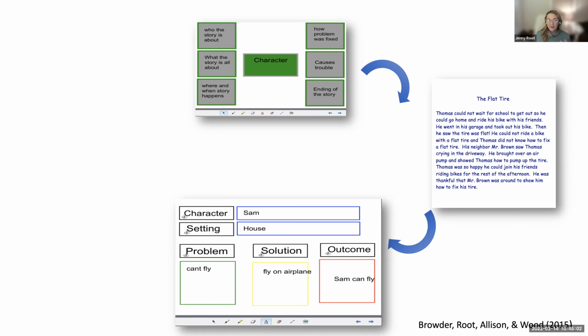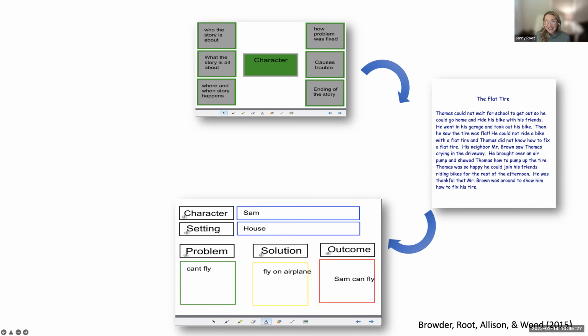And then as the first level prompt, they could press this little button and it will remind them the character is who the story is about. So instead of the interventionist or the teacher having to remind them what character means, and instead of going right back into the story, maybe they just need to remember again, oh, character's who the story's about, or problem is what caused trouble.